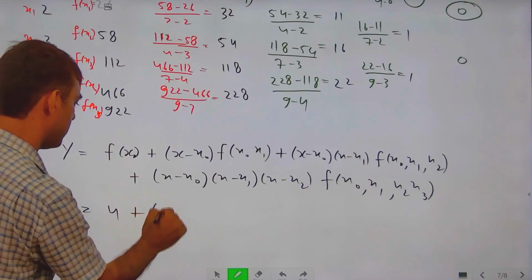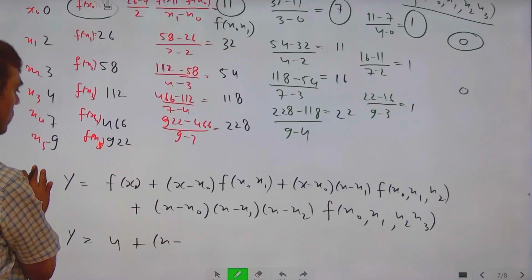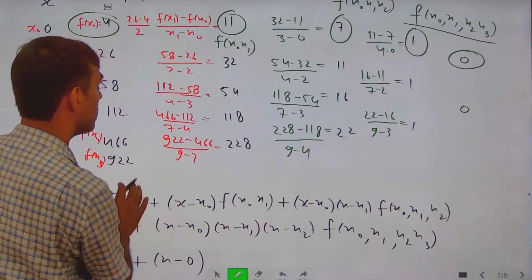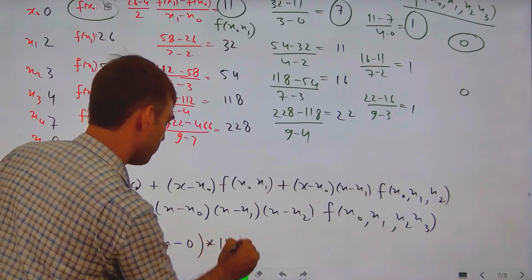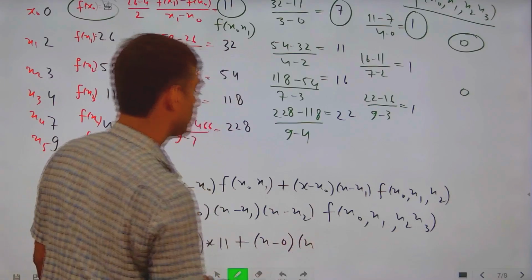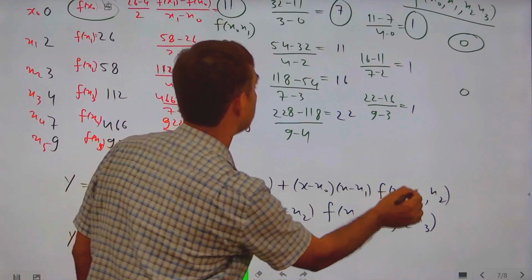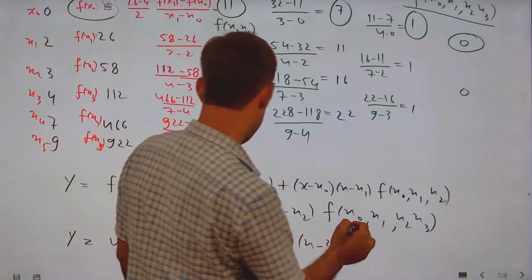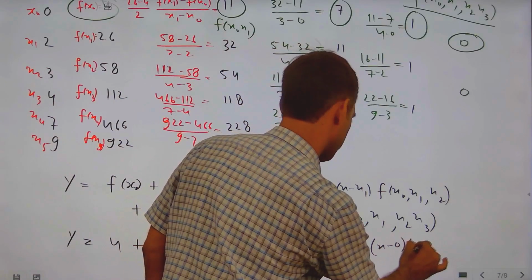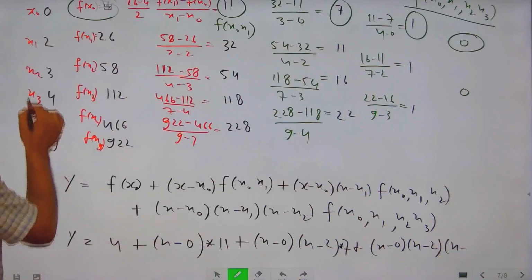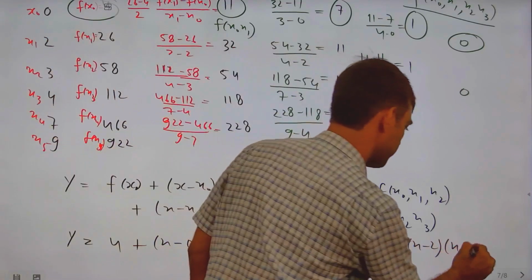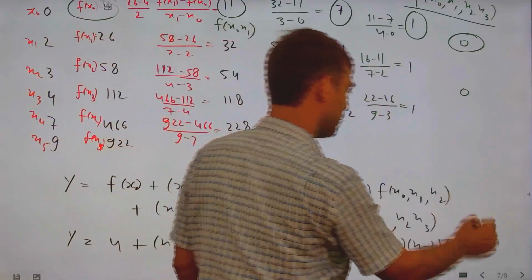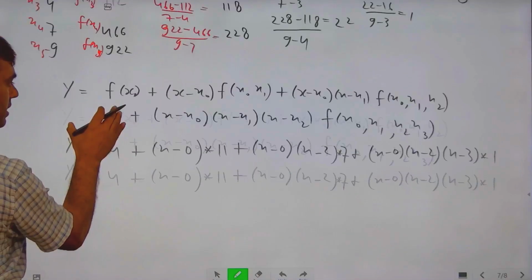So 4 plus x minus x0, where x0 is 0, so x minus 0, into f of x0, x1, which is 11. Then plus x minus 0, x minus x1, where x1 is 2, into f of x0, x1, x2, which is 7. Again plus x minus 0, x minus 2, and x minus x2, where x2 is 3, so x minus 3, into f of x0, x1, x2, x3, which is 1.